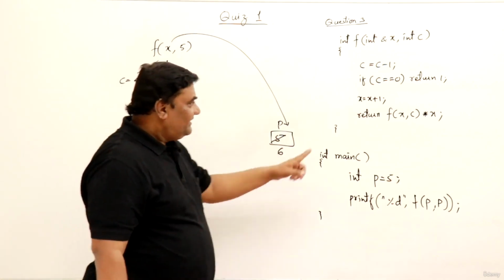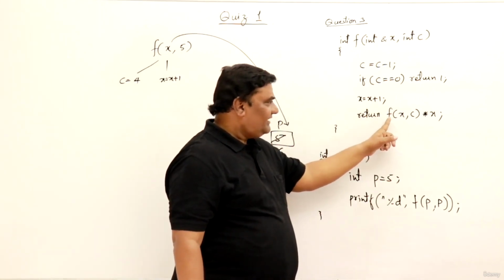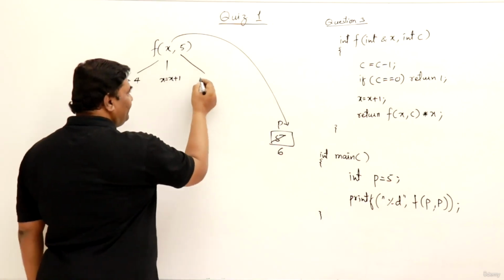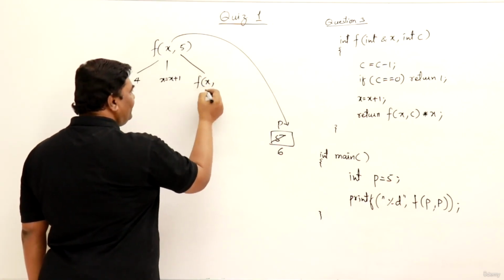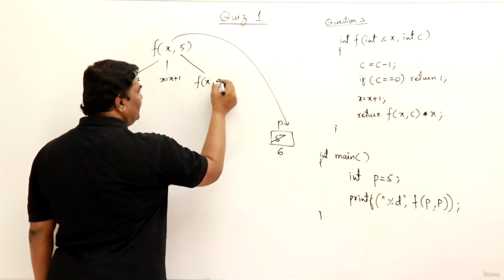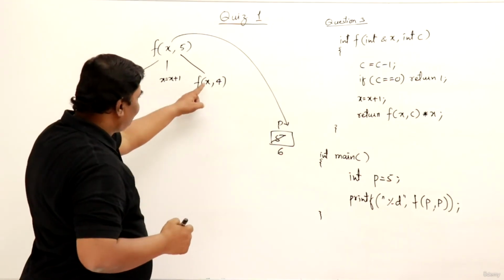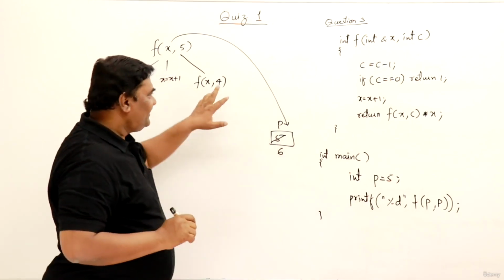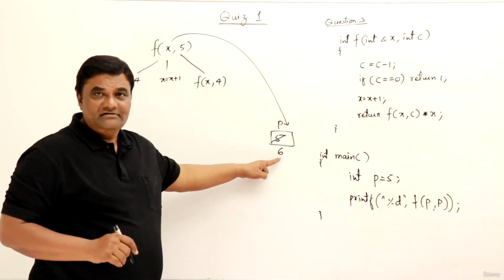I made it 6. Then call function f of x comma c. Call itself again by passing f of x comma c. c is what? 4. Then why am I writing x? Because that x is nothing but a reference to this p. It's a reference to this p. Every time when I say x, I will come here.